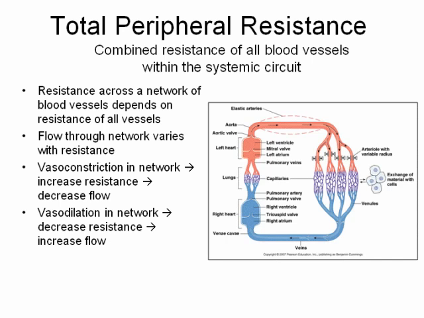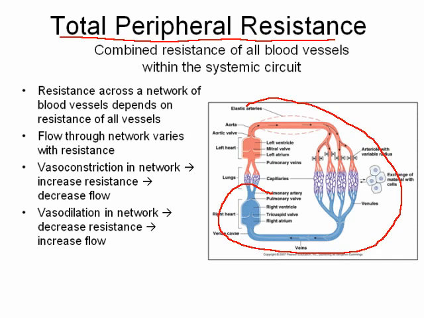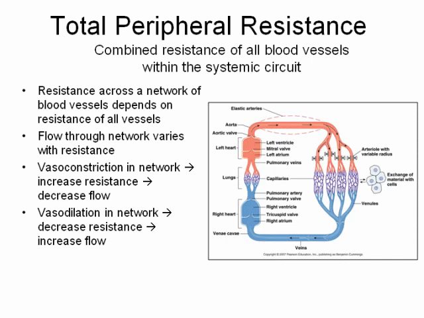In a clinical setting, when you record blood pressure from someone's arm, you're looking at the total resistance of the entire systemic circuit and its influence on the blood pressure. So it's the combined resistance of all the blood vessels within the entire systemic circuit that we mean when we say total peripheral resistance. It's resistance across a network of blood vessels.